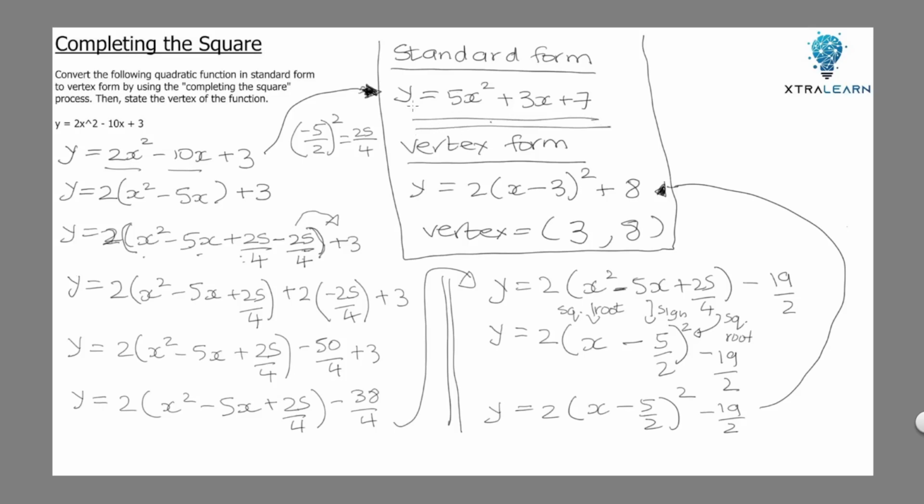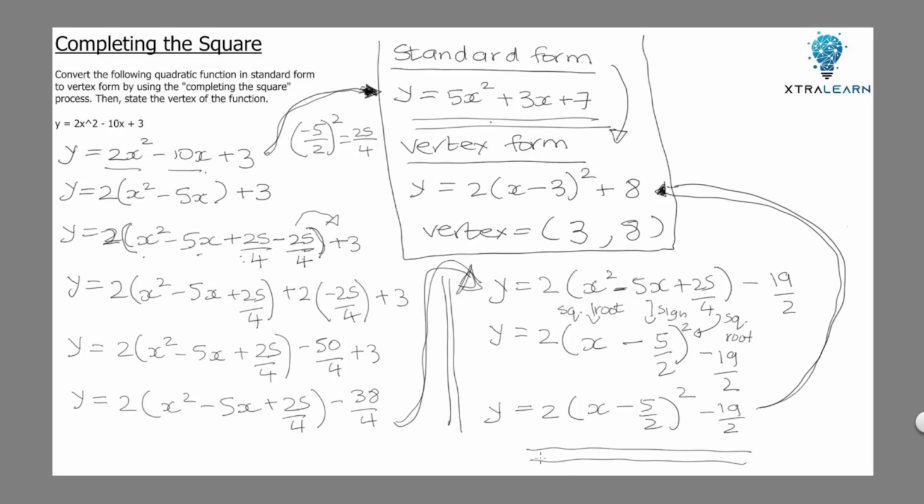So we went from standard form and we went through all these processes, this entire set of processes known as completing the square, and we got something. We got this, which is in vertex form.